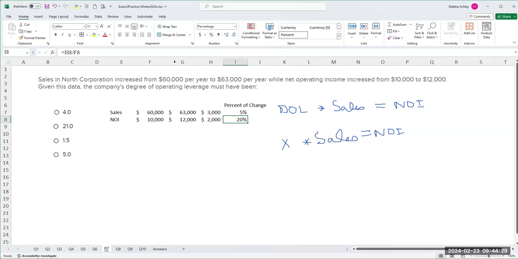So I know, my pen again. I don't know X, I don't know degree of operating leverage, but I know the change in sales is 5%. And I know the change in net operating income is 20%. Well, the algebraic way, you've got to get X by itself by dividing both sides by 5%.